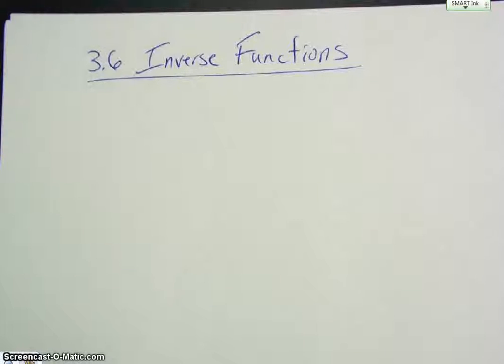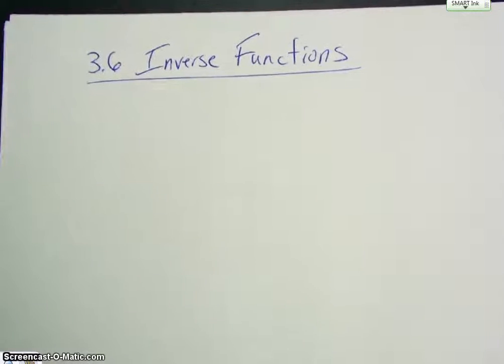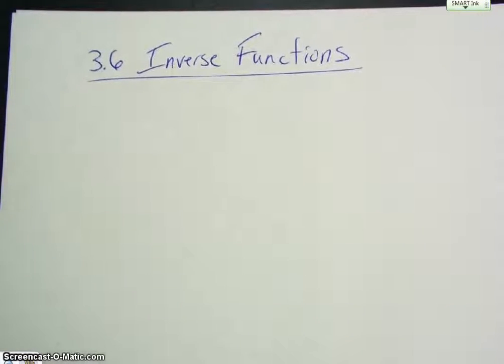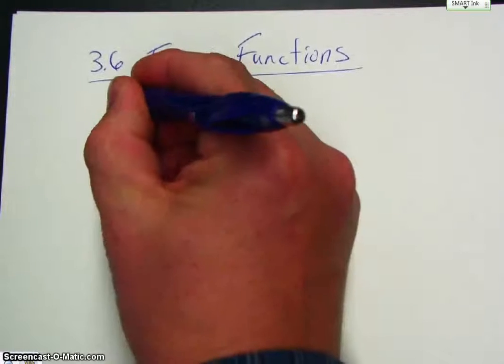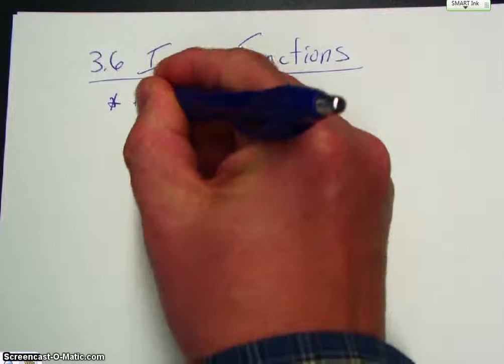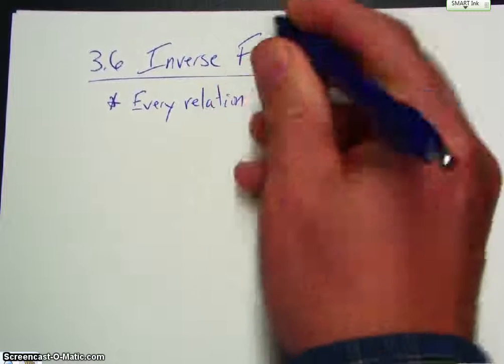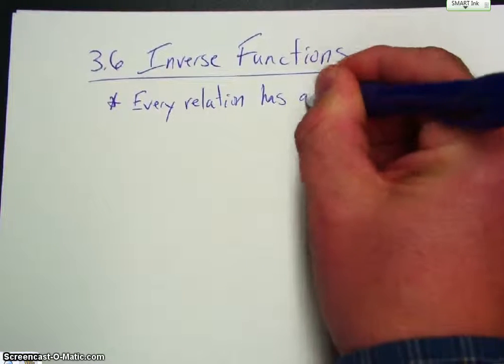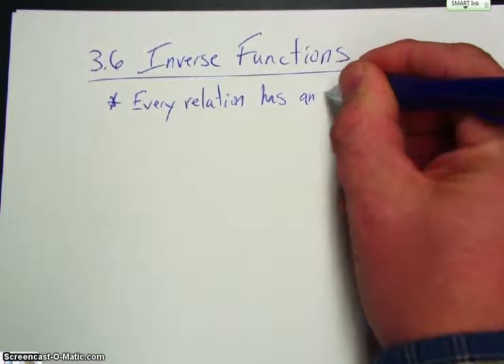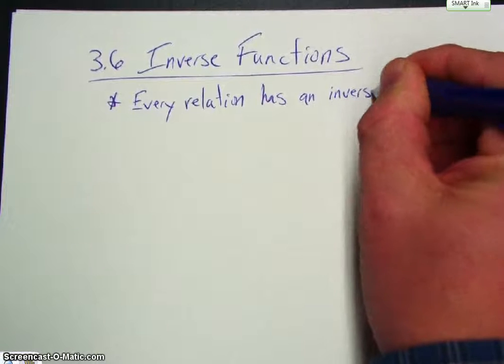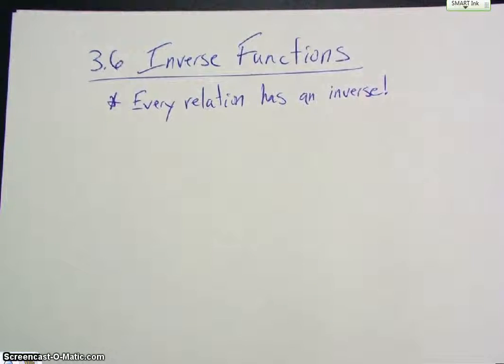All right, 3.6 inverse functions. A couple things you need to know. First thing you need to remember is every relation has an inverse. In other words, everything has an inverse.